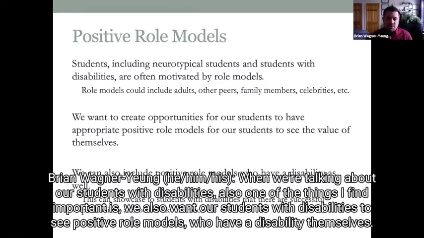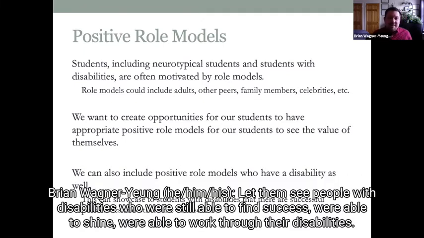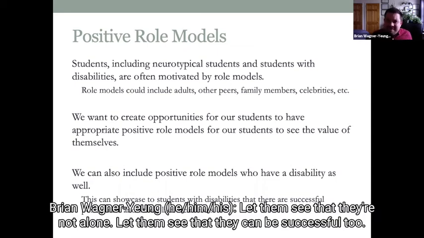When we're talking about our students with disabilities, one of the things I find important is that we also want them to see positive role models who have a disability themselves. Let them see people with disabilities who are still able to find success, were able to shine, were able to work through their disabilities. Let them see that they're not alone. Let them see that they can be successful too.